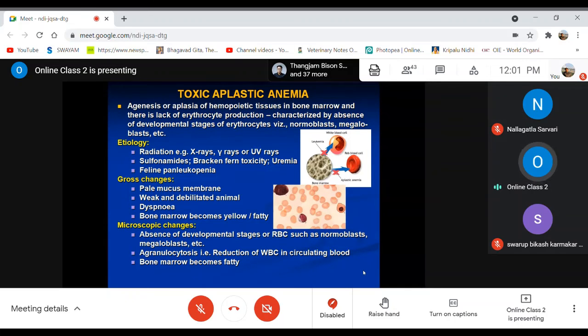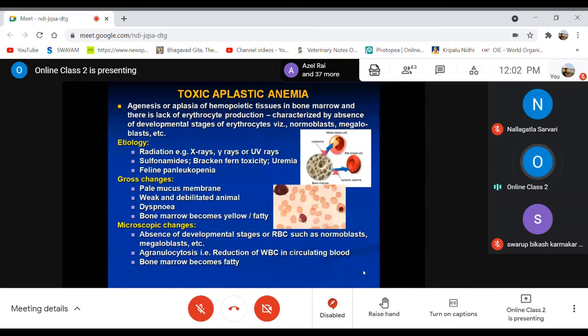This condition is mostly characterized by absence of developmental stages of erythrocytes, that means normoblasts, megaloblasts, and so on. Agenesis, aplasia means no production, no developmental process of RBCs from the hemopoietic tissue, the bone marrow.